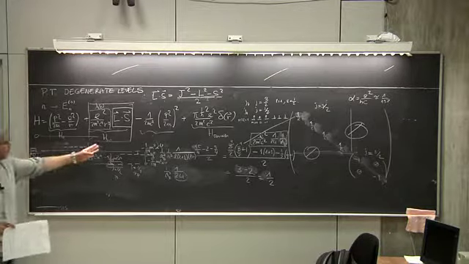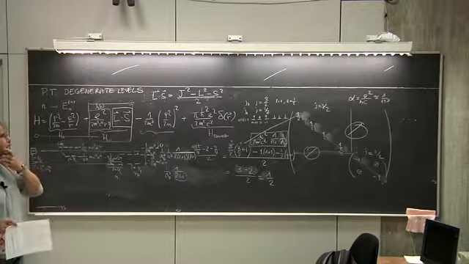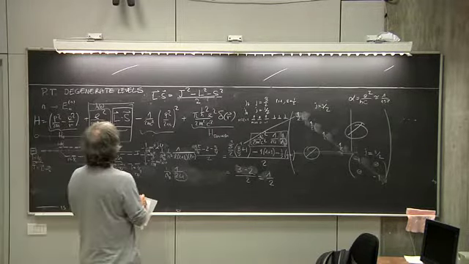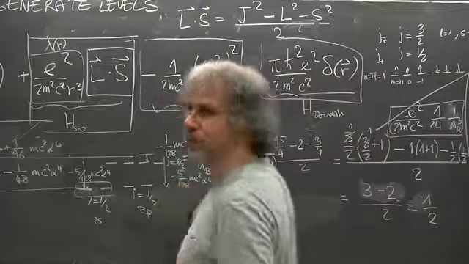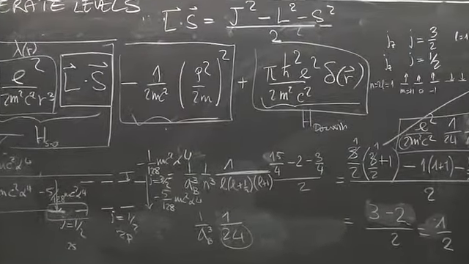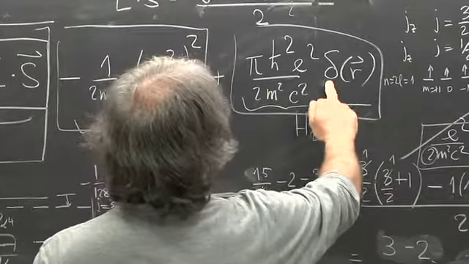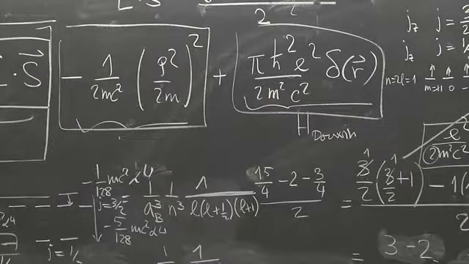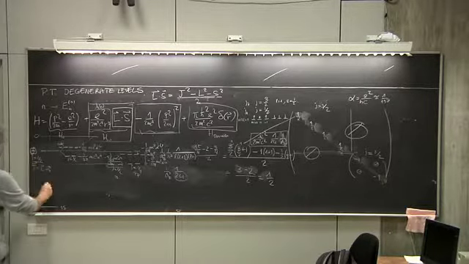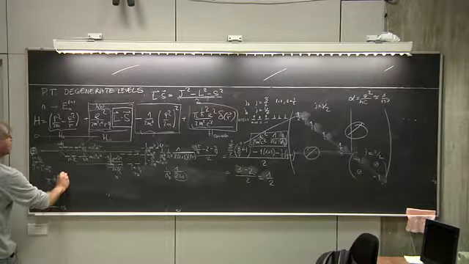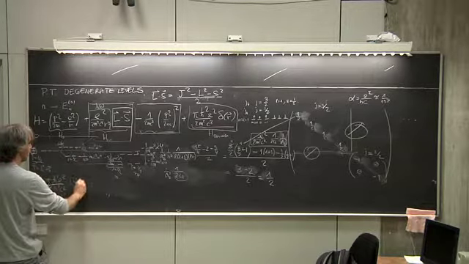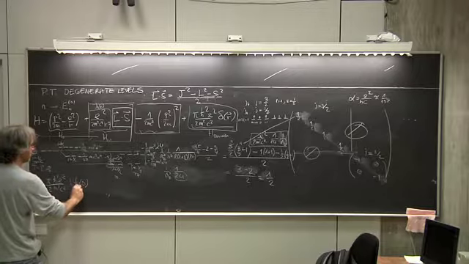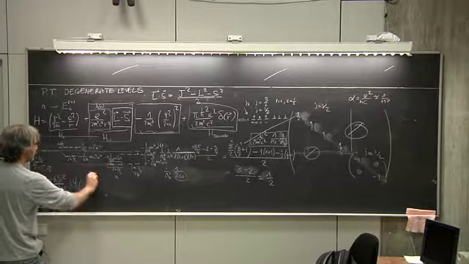Now, the final part of the exercise requires something that I might ask you to do, which is to take into account this piece and this piece. These are much simpler objects to deal with. The 1 over r is very, very simple. I mean, the delta of r. It affects only this by bringing it a little bit up. By how much? By pi h bar squared a squared over 2m squared c squared times the wave function at 0.